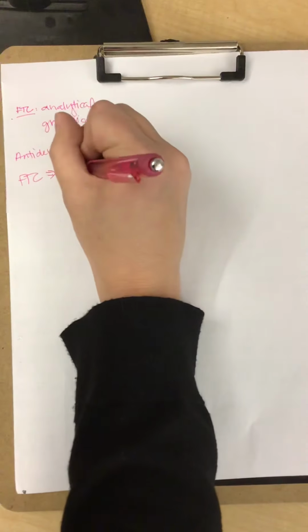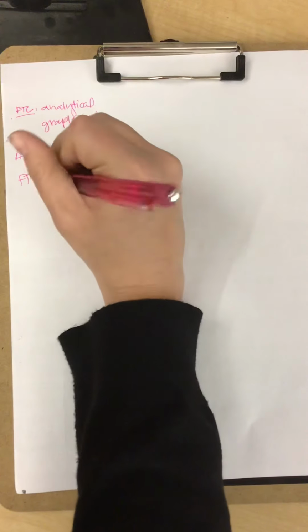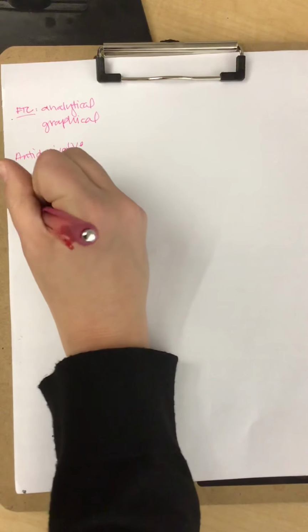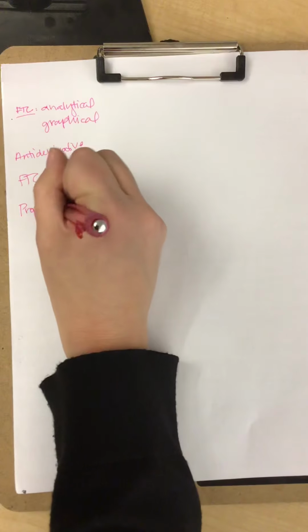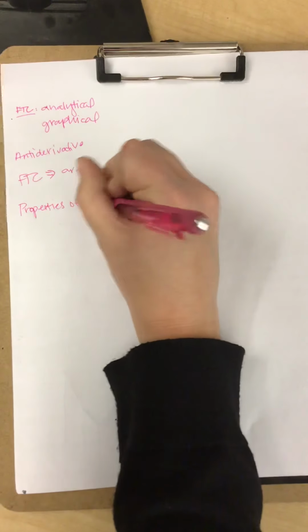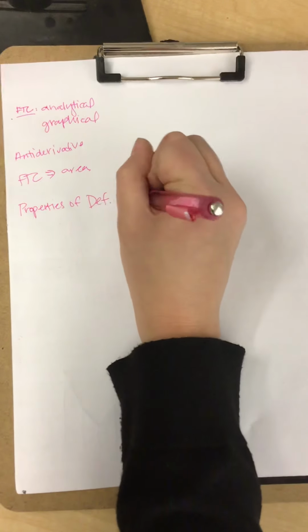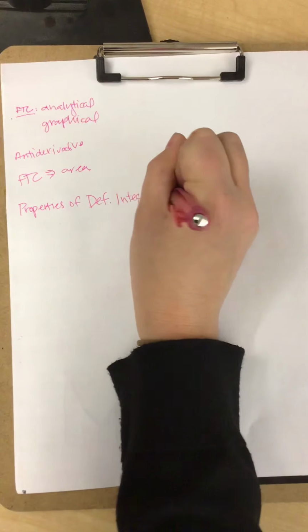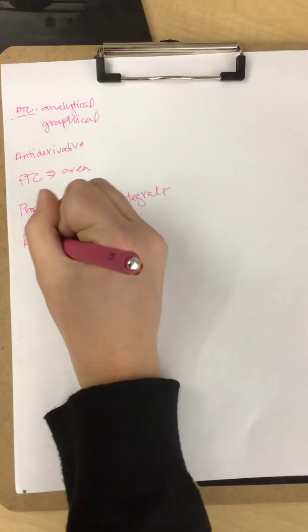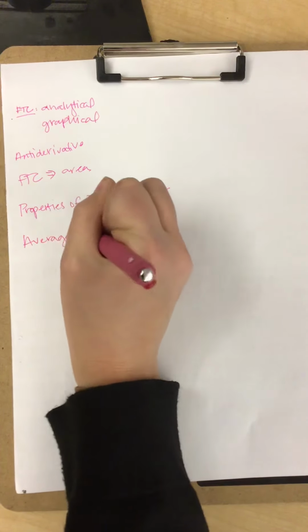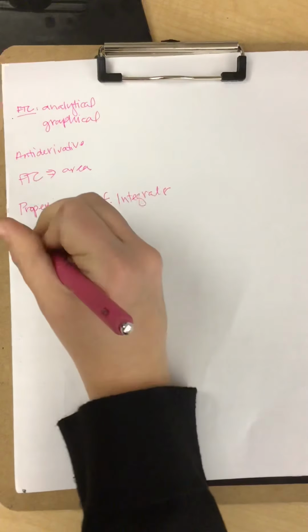Another FTC problem where I give you one of the endpoints, I'm looking for the other. So that involves area. A property of definite integrals, so basically where you can split it. I've got average value. That did not come up on the worksheet or the study guide.